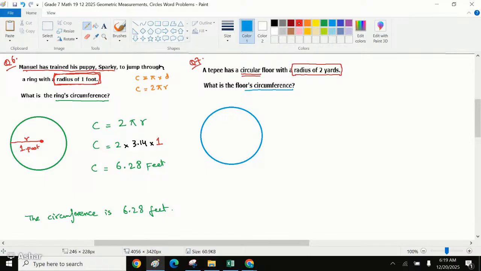From the center to this point on the circumference, this length is the radius, which equals 2 yards.